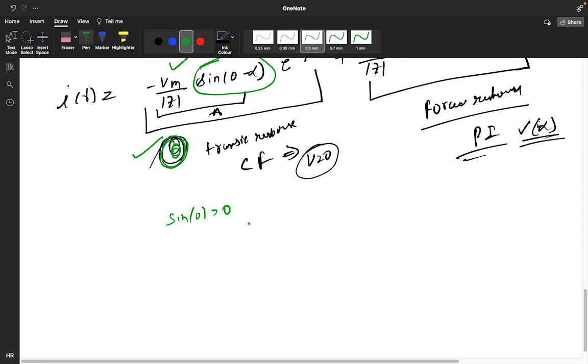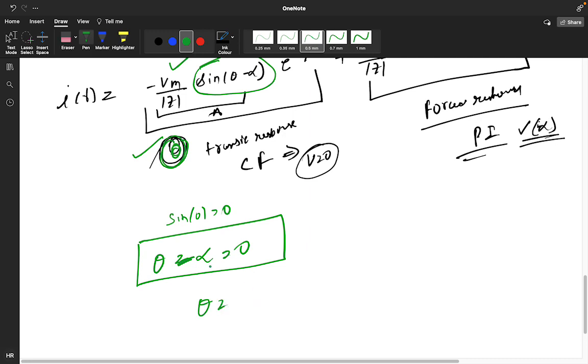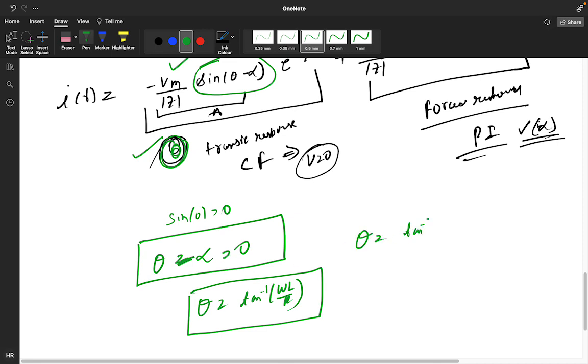So this happens when theta minus alpha is 0, where alpha is tan inverse omega L by R. So when your theta value is tan inverse omega L by R, the response will be a transient free response.